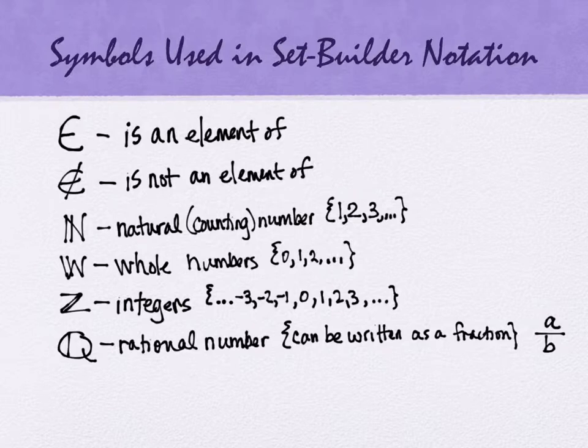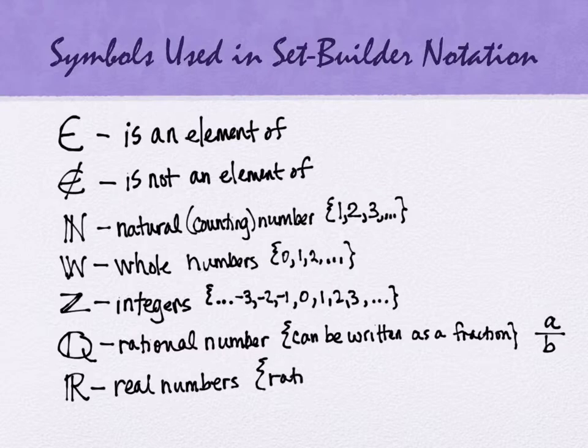The other reason that we're not using R is because we already have the R representing something else. R is the real numbers. And real numbers include the rationals, the ones we just talked about, being able to be written as a fraction, and the irrationals, the ones that we can't.